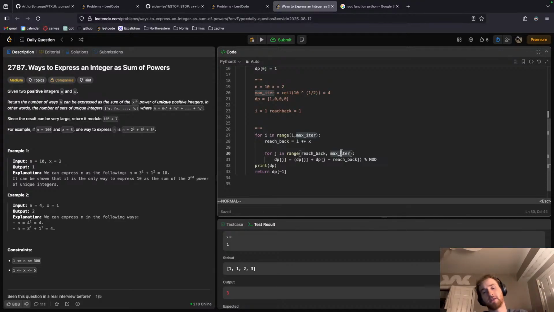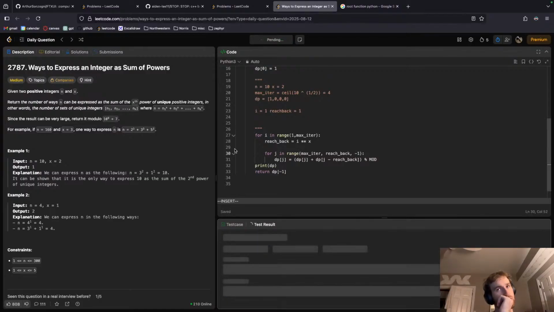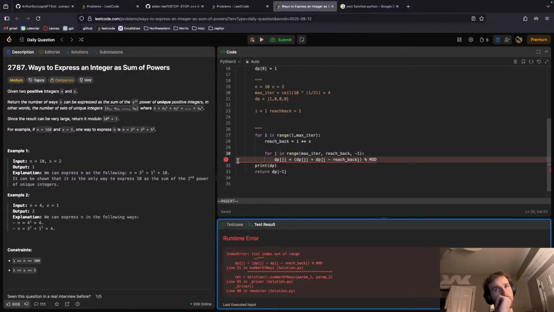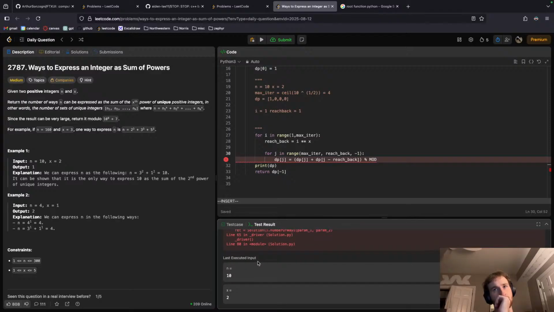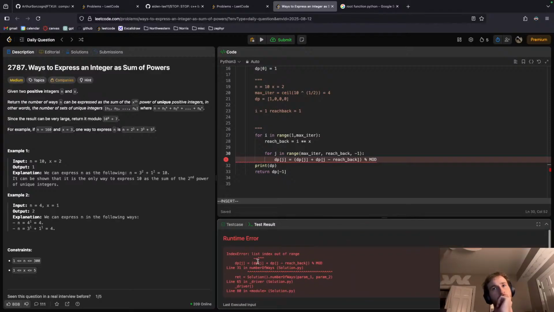Maybe we're double counting here. How am I out of range?